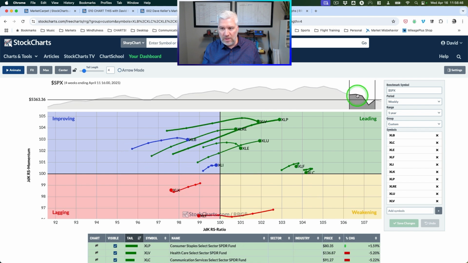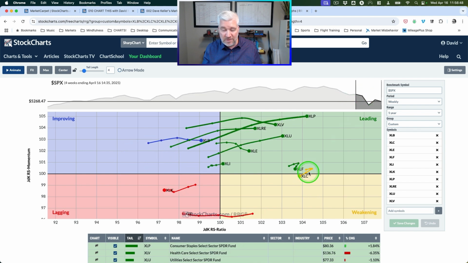And note how all of the offensive sectors, the growth sectors like communication services, consumer discretionary, technology rotating southwest, and all of the value and defensive sectors rotating northeast. So when we talk about the great rotation of 2025, the leadership rotation that we've observed from the beginning of the year now to mid-April, this visualization, I think, brilliantly shows and demonstrates that rotation from offense to defense, from growth to value, that is.